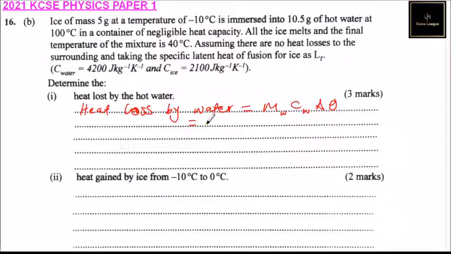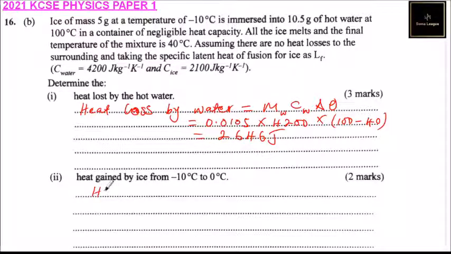Converting to kilograms, because we are working with kilograms here, it is 0.0105, multiplied by specific heat capacity of water, which is 4,200, multiplied by change of temperature, which is 100 minus the final temperature of 40. When you compute that, you get 2,646 joules.